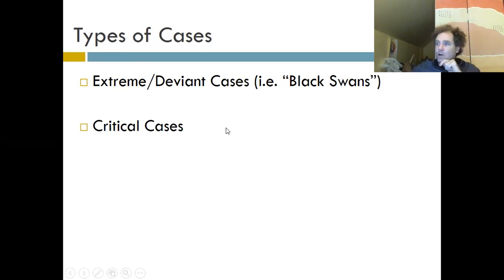Next, we have critical cases. Here, a critical case is used to test the theory again. But you're not so much testing the theory to falsify or invalidate it, which is sometimes done with the deviant or extreme case. You're really using the case to see how it might work.